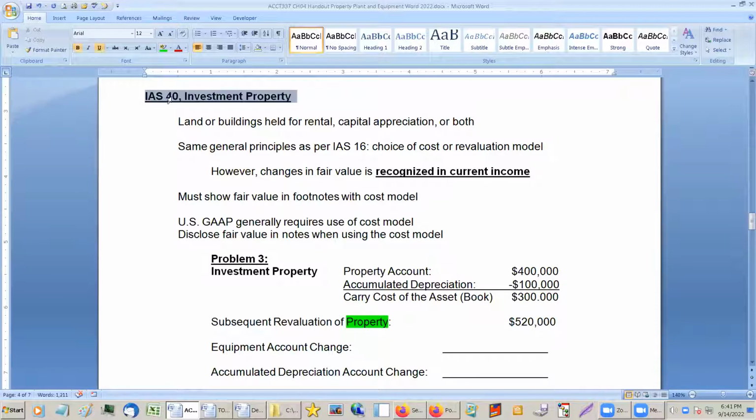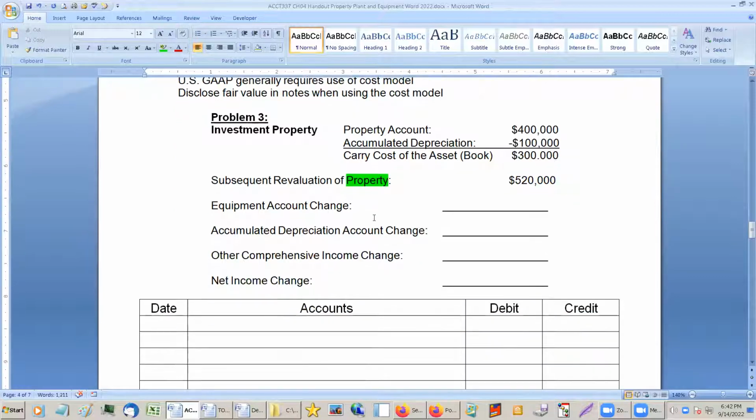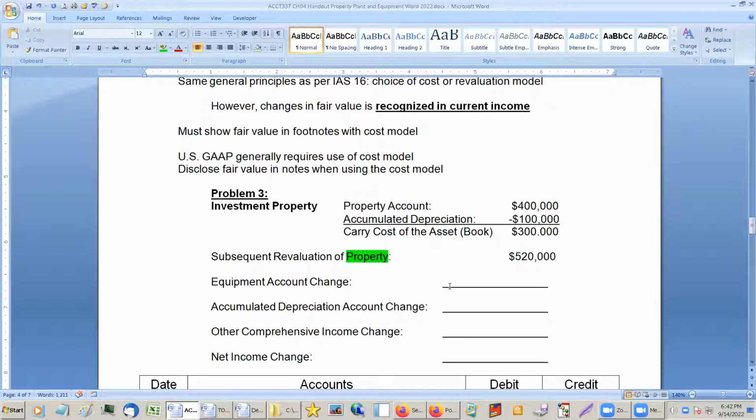If the item that you're revaluing is investment property, so you're using it as an investment, not in your business, but as an investment, either you rent it, or maybe you're just holding on to it to see, if you think the market price is going to go up. For property, it's a little bit different in that the change will go right into net income.